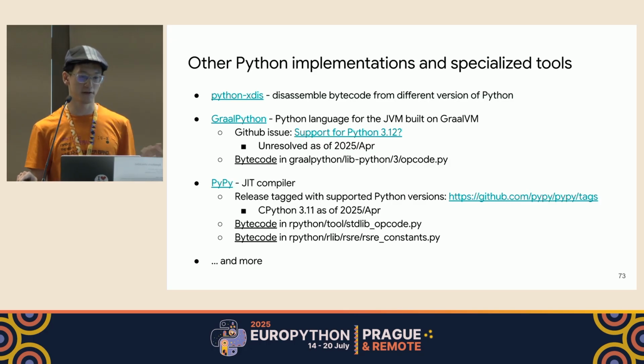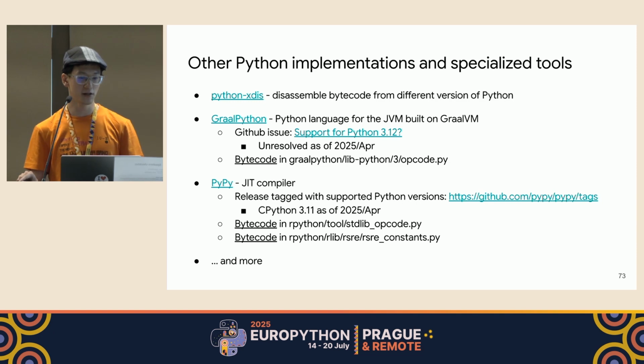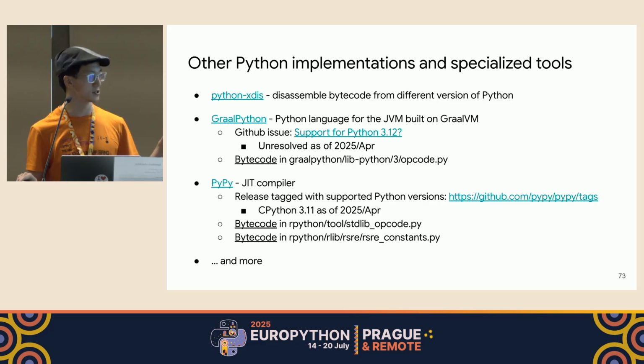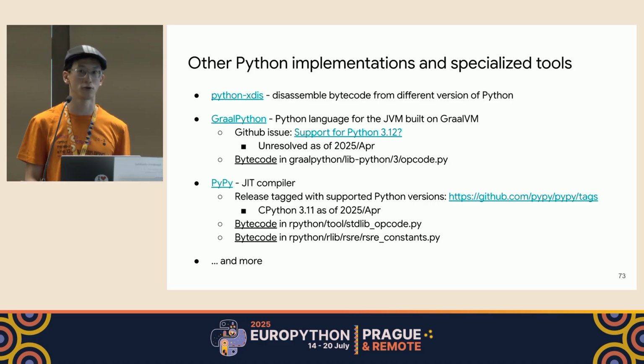Tools like Python XDs, or VM-required solutions like IronPython and PyPy, also have corresponding bytecode manipulation implementations, and they need to handle CPython bytecode changes, of course. And clearly, at the time I prepared the slide, the CPython version they support was very delayed. At the time, IronPython had an issue talking about supporting Python 3.12, and now it's already 3.13. It's going to be 3.14.